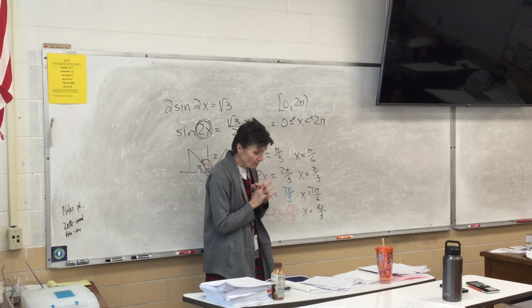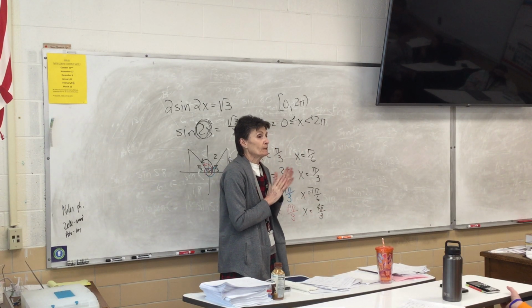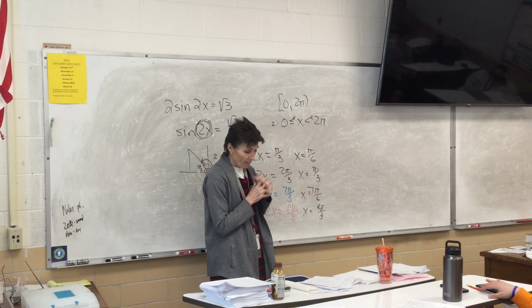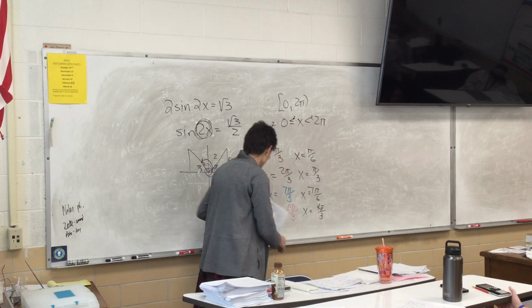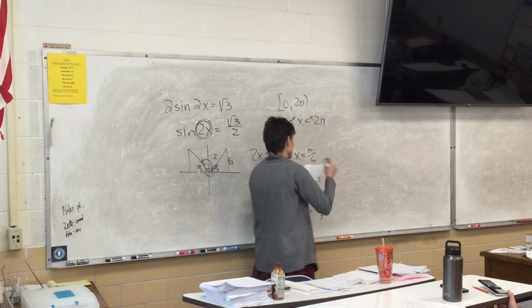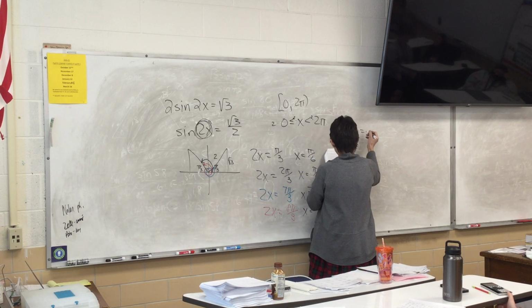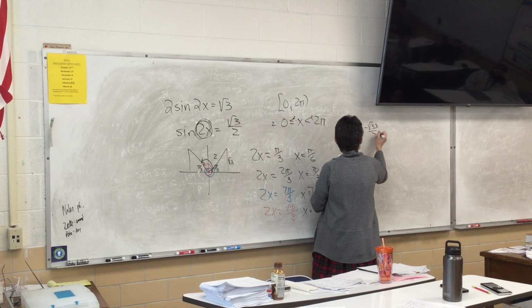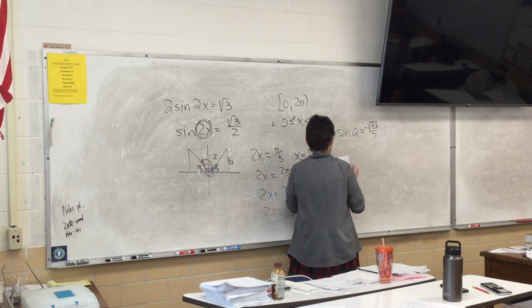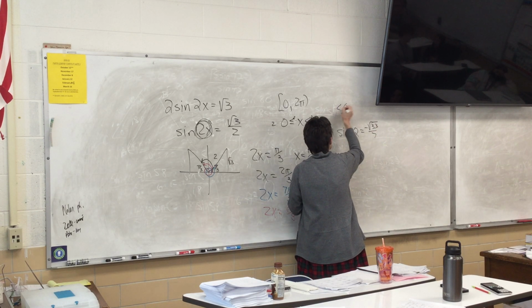Anything else on your quiz we need to look at? Yep, Charlie? Number 2 says the sine of Q is negative root 33 over 7. And Q is where?